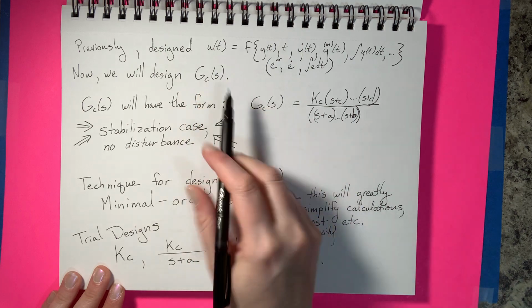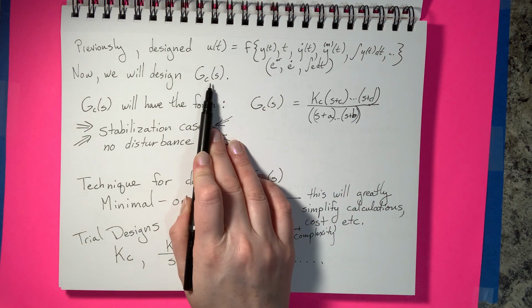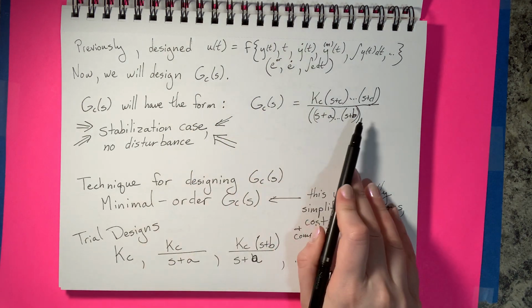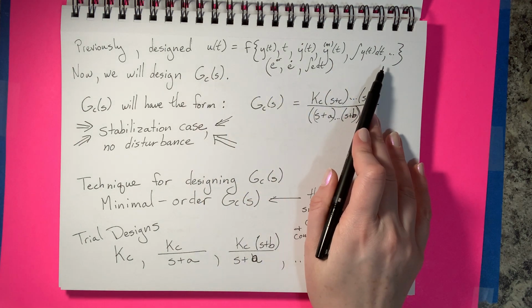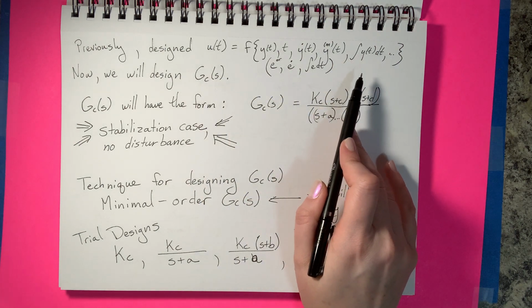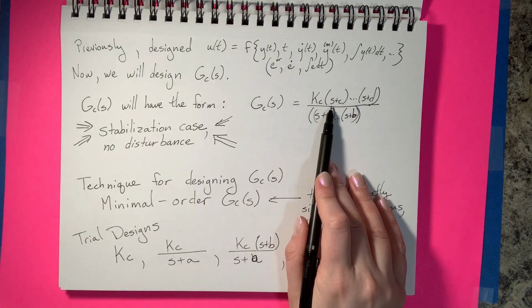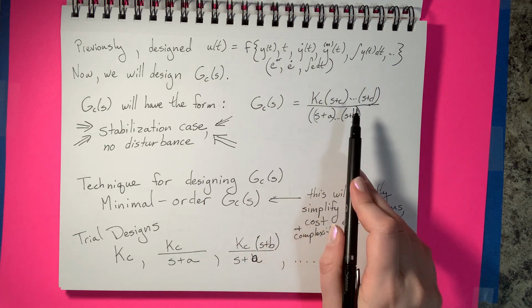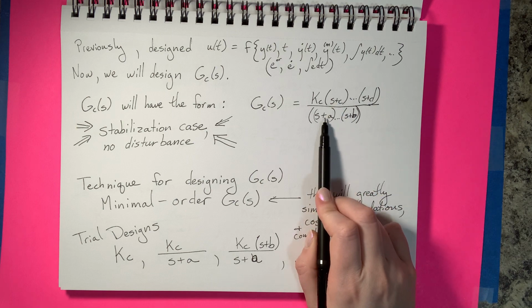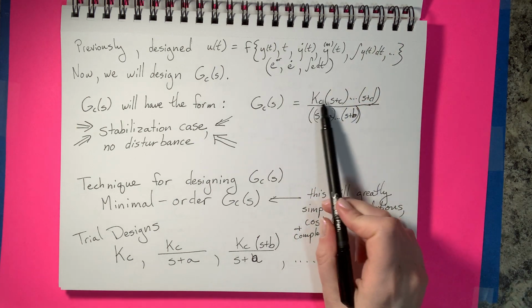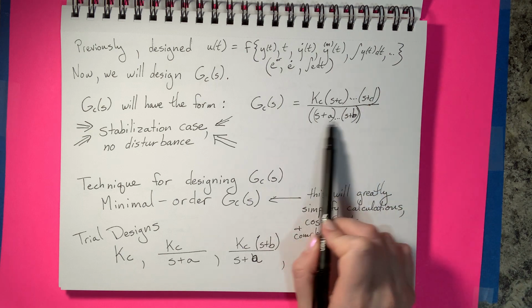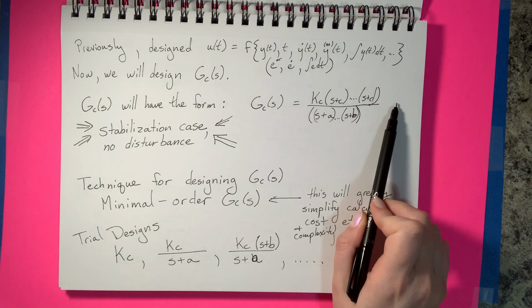So now when we design the compensator block here, we're going to have a different kind of form. It's not going to be an equation as before, a differential equation. It's going to have a transfer function kind of look. We're going to have S's on the top, S's on the bottom, as much as it makes sense to do so. Okay, there is a procedure that we follow to pick out what we're going to use.